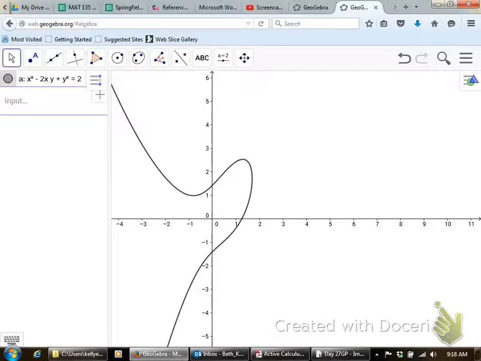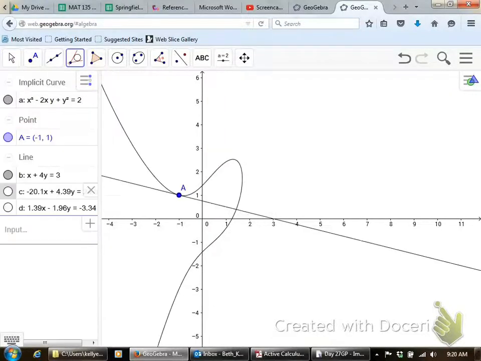However, you can look at, say, the point negative 1, 1 and consider a tangent line at that point. There is a tangent line at that point. Let's see what that is. So here's our graph. We have the point negative 1, 1, and we also have a tangent line. This line here is our tangent line at the point negative 1, 1.